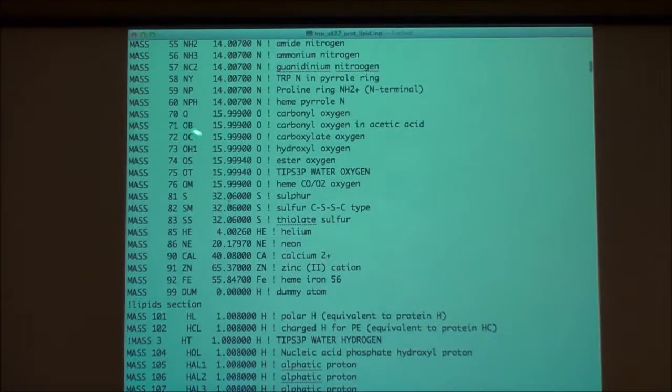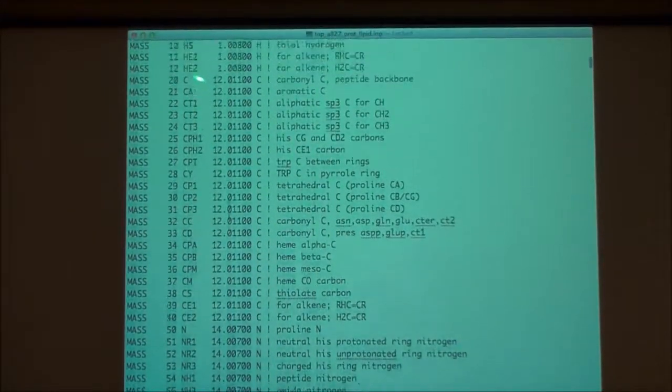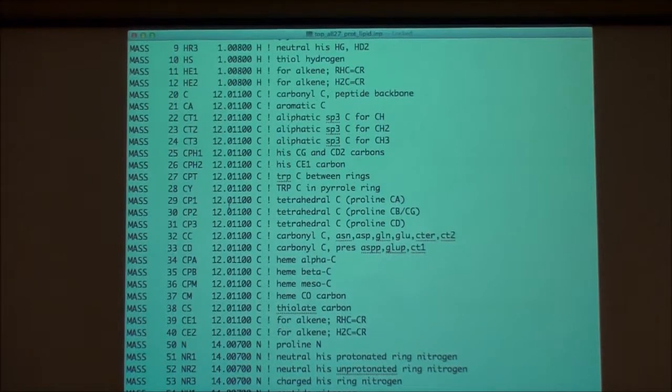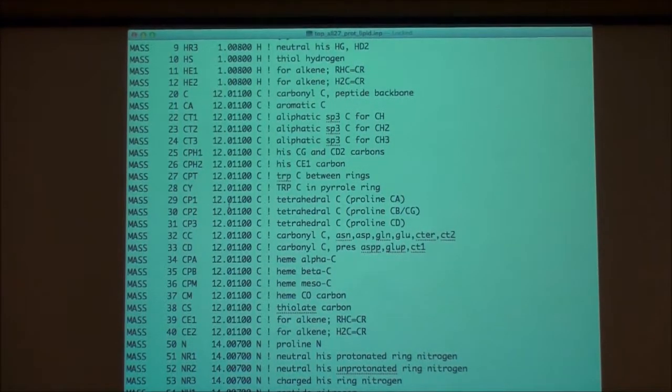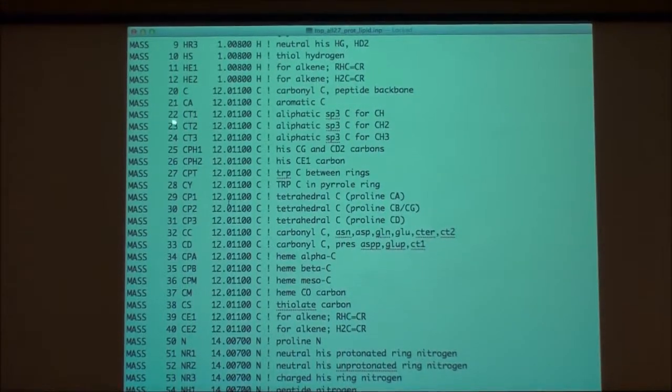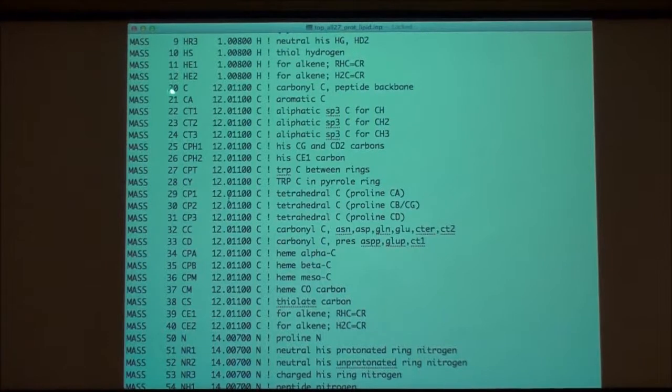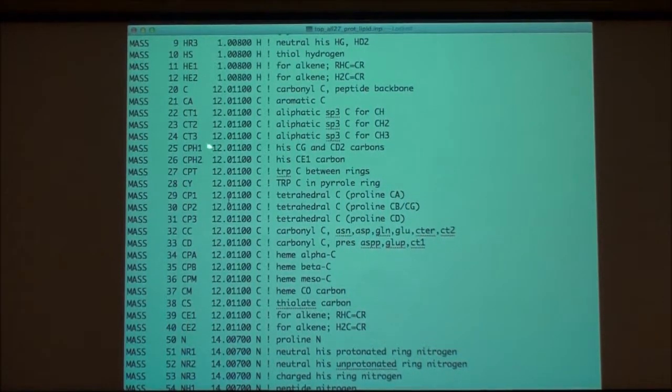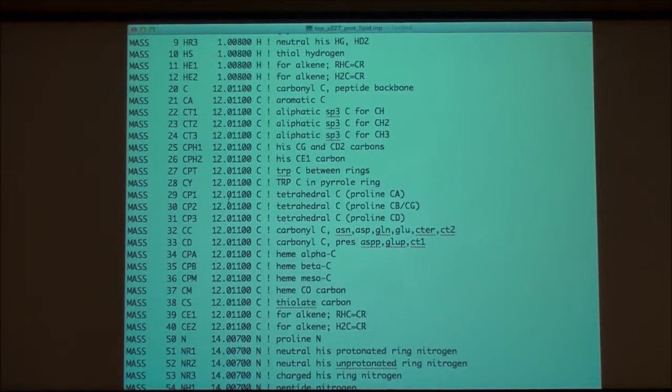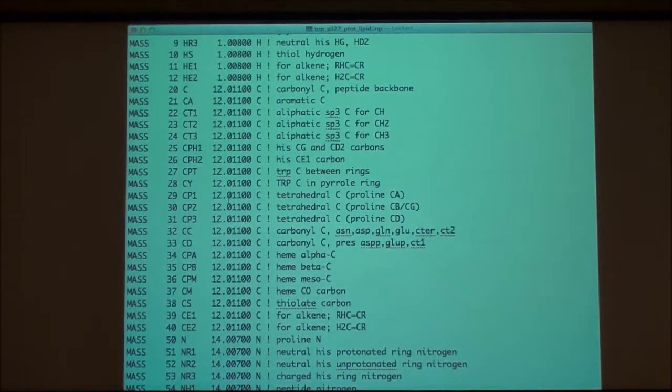You have the masses of all the atom types. Now we are introducing the concept of atom types. This is an important distinction between atom names and atom types. Atom types are chemical types for which we need the correct mass and the correct parameters as far as the interactions are concerned. These are the interaction sites. Every atom name in your PDB file should be mapped onto one of these atom types in order for you to derive the right parameters.